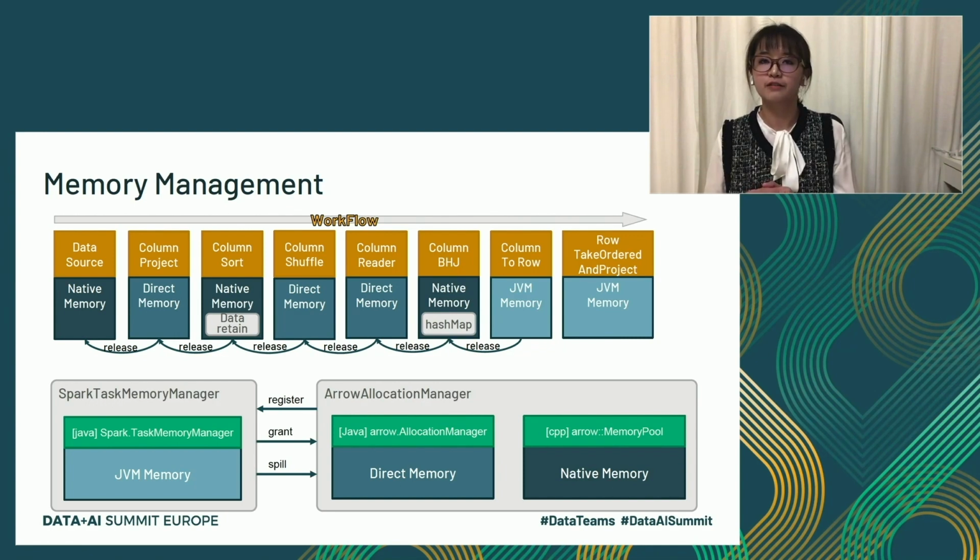For example, the first operator, the data source operator, will read data from the underlying file system, then allocate an Arrow record batch, then pass the Arrow record batch to the next operator, which is called project. Then the project operator will evaluate the input Arrow data and allocate a new one to pass to the next operator. So the intermediate data can be allocated and released between operators.